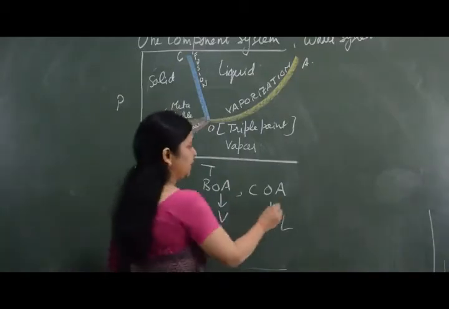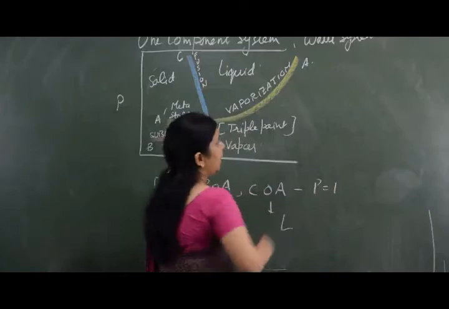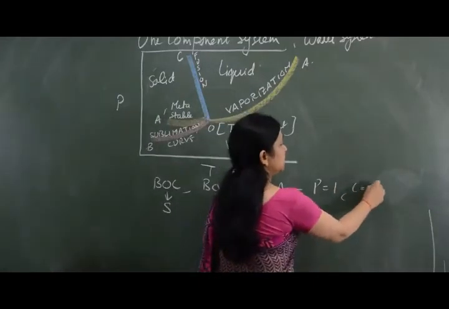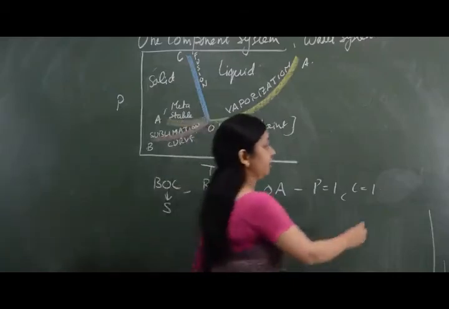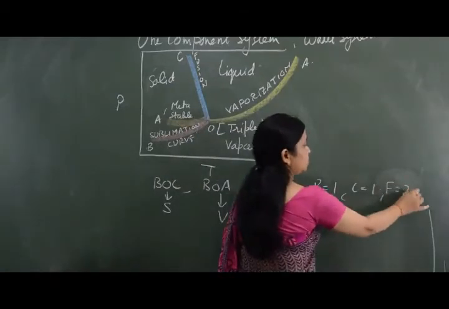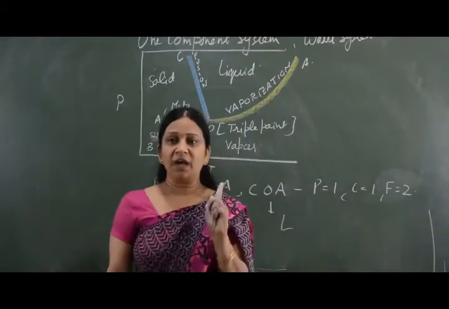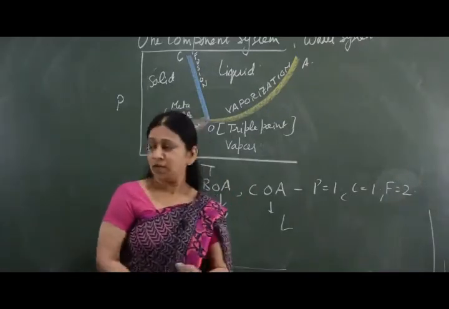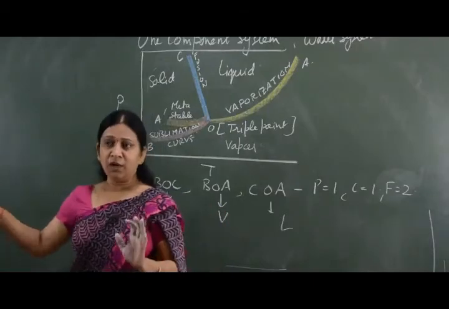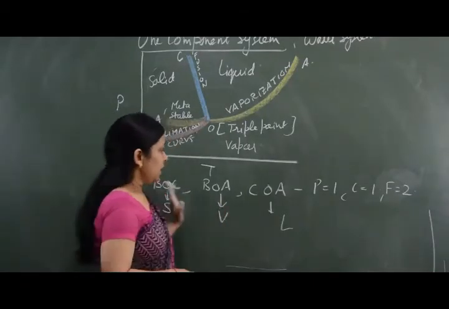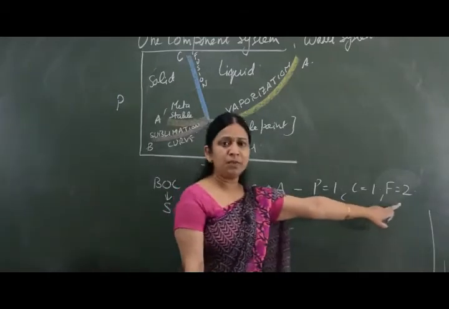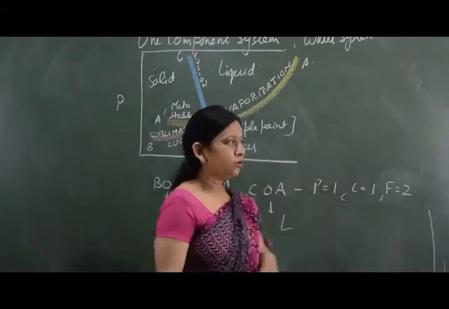So in each area the phase is 1, and because we are studying a one component system, C is also 1, and the degree of freedom, if we calculate, comes out to be 2. So it is bivariant. So in each area the system is bivariant. We have three areas, in each area a single phase, it is a one component system, and the degree of freedom comes out to be 2.